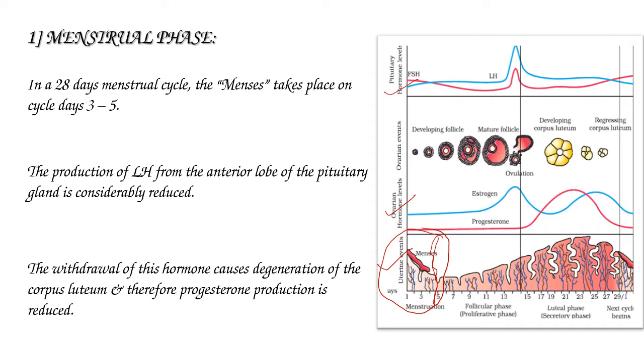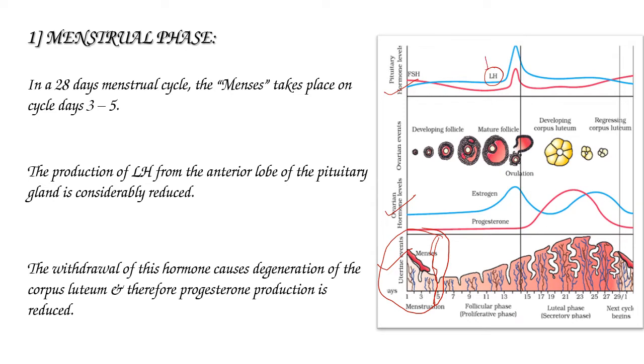During this menstrual phase, the pituitary gland reduces its production of LH. Luteinizing hormone production is reduced. And we already studied the function of this luteinizing hormone during oogenesis.